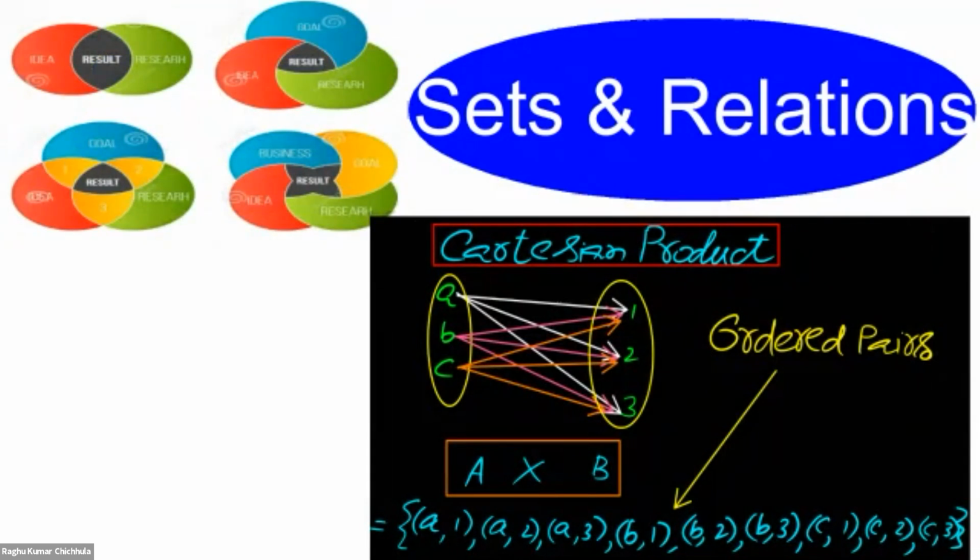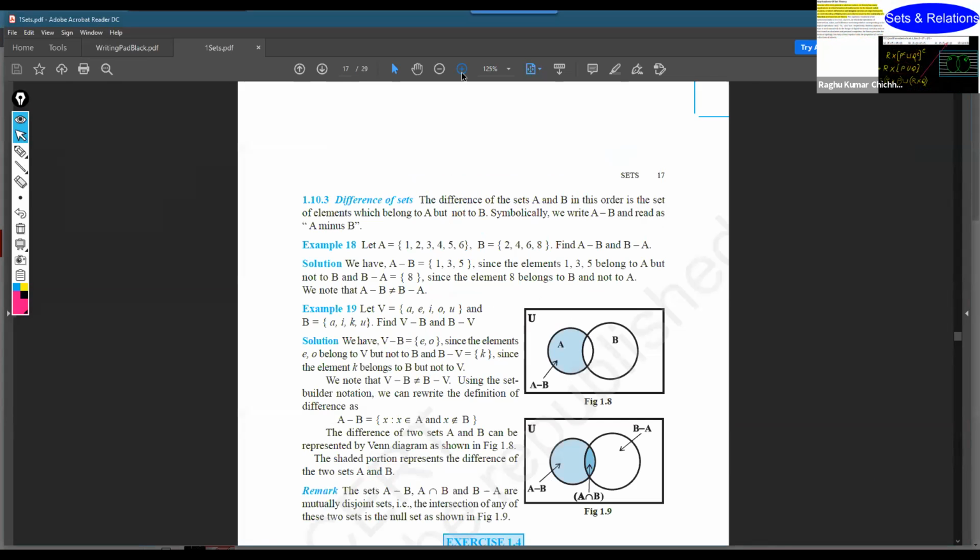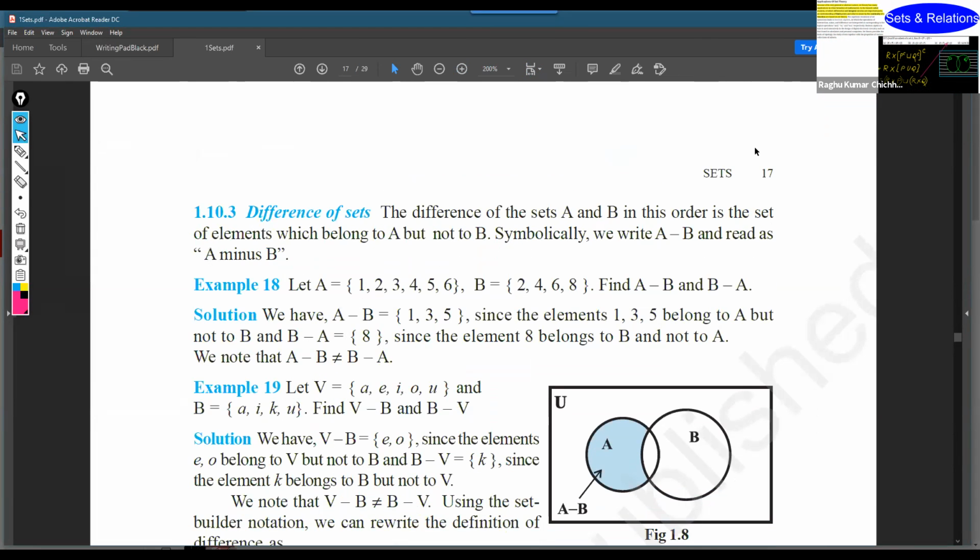Let me share the screen. Now, the difference of sets, you can understand, is nothing but A minus B means it is simply, you can say, only A, but not B. B minus A means only B, but not A. Okay.